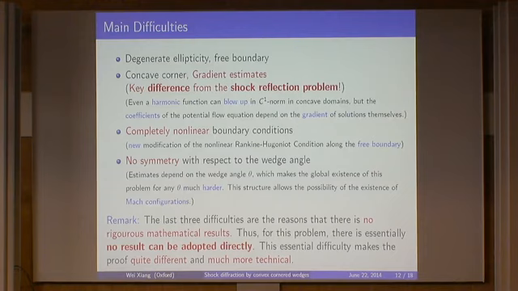For that method, we also should care about the boundary conditions, because the Rankine-Hugoniot condition, as I mentioned, is nonlinear. The shock is nonlinear because of the Rankine-Hugoniot conditions. So for our problem, we should take derivatives along the shock wave. But mathematically, we should modify the Rankine-Hugoniot condition, maybe near the background solution.